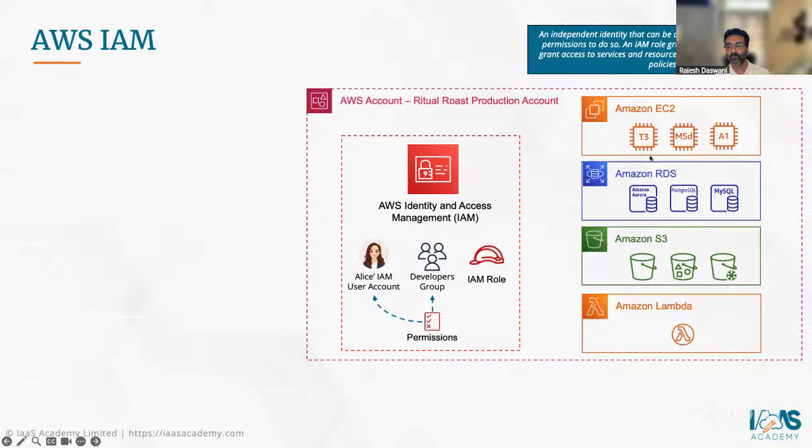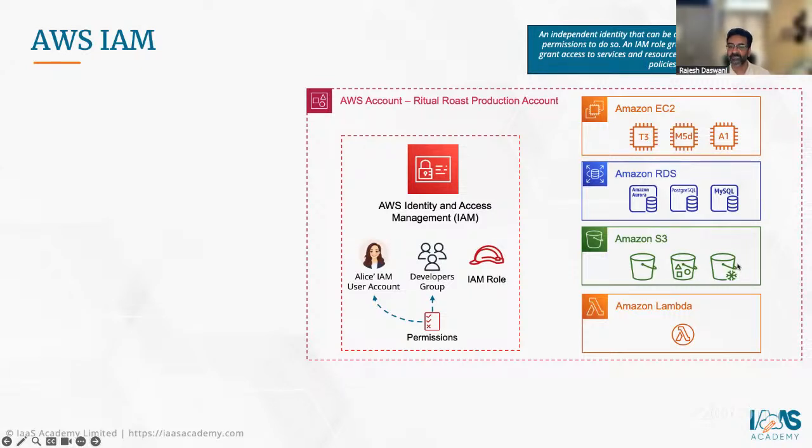Now, in order for the application running on the server to connect to the bucket and access it, it needs a set of permissions. You need to allow that instance to be able to communicate with S3 and access that particular document or object.